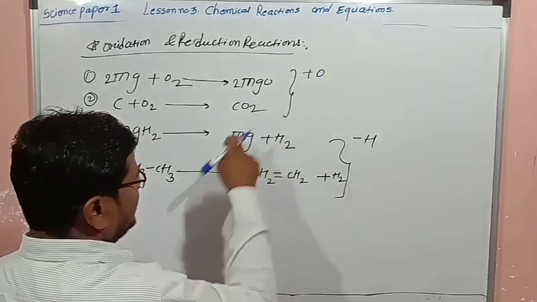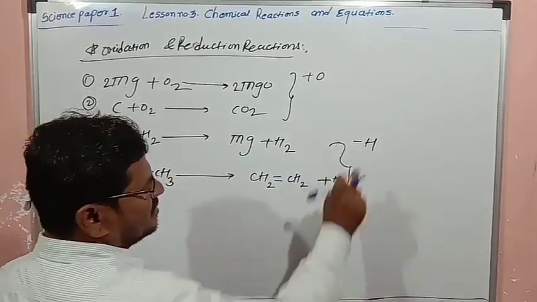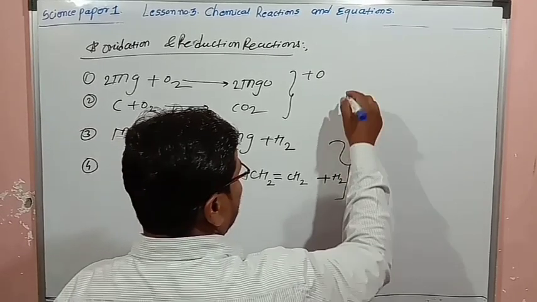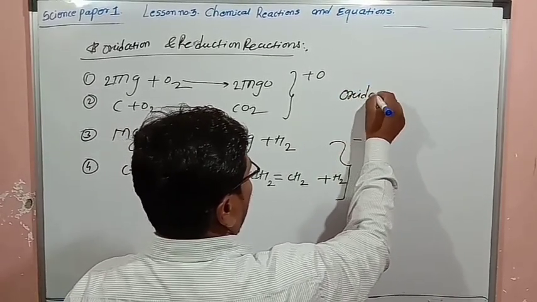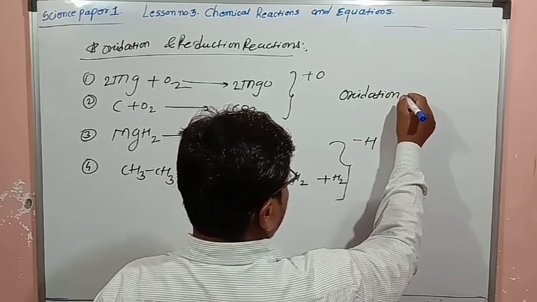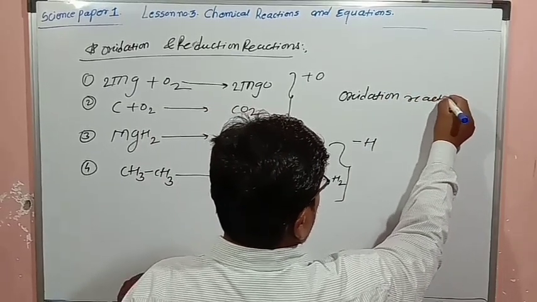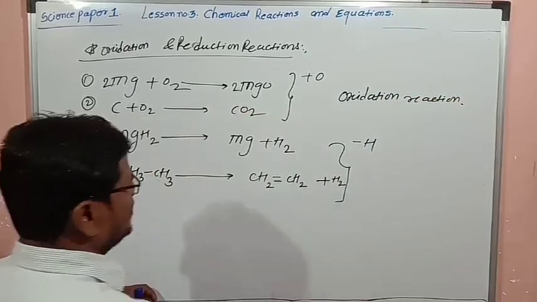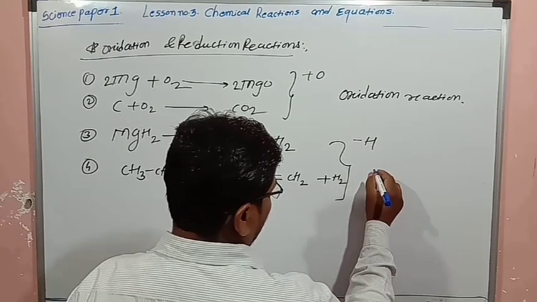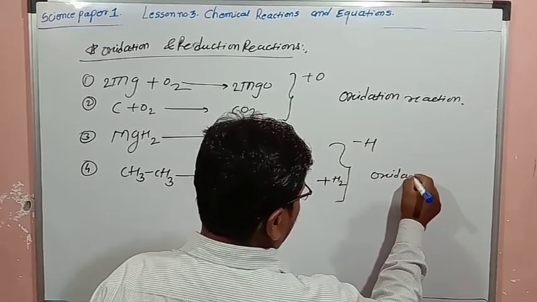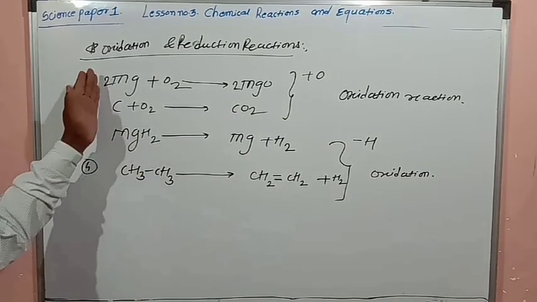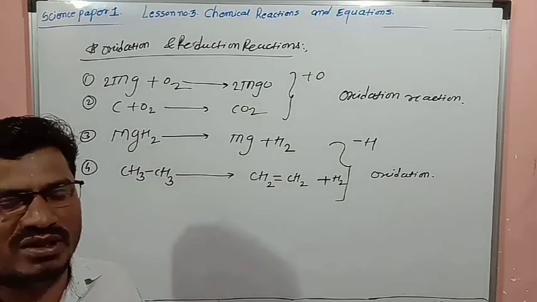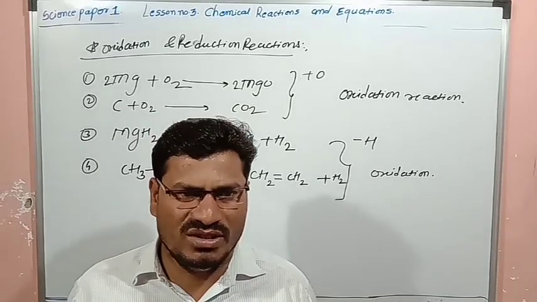Oxygen is added, and in these reactions hydrogen is removed. So these are the types of chemical reactions. These are called oxidation reactions. This one is also an oxidation reaction. So the first type of chemical reaction we are going to learn is the oxidation reaction.